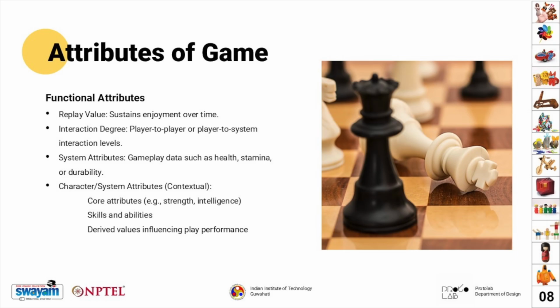In addition, character or system attributes define performance within the game context. These include core attributes like strength or intelligence, specific skills and abilities, and derived values that influence how effectively a player can play. Together, these play, design, and functional attributes define how a game operates, engages players, and sustains meaningful play over time.